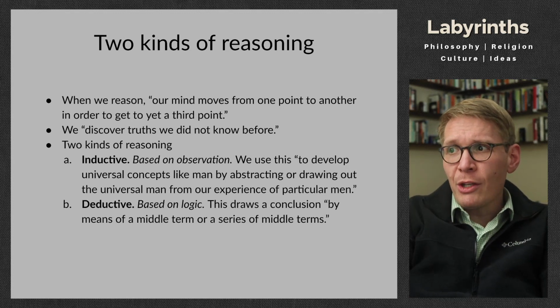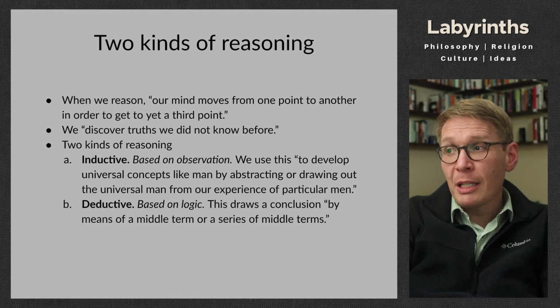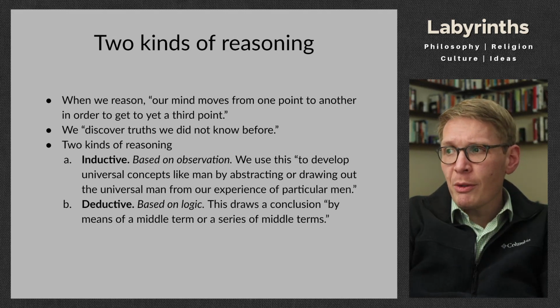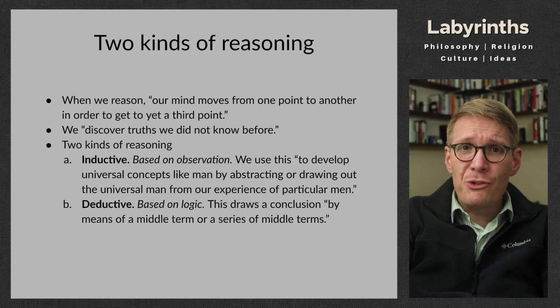Our first type of reasoning is induction. This is based on observation. Hauser writes this: we use this to develop universal concepts like man, meaning human being, by abstracting or drawing out the universal man or universal idea of the human being from our experience of particular human beings, right? So in this case, I am taking in a bunch of what other philosophers maybe have called sense data.